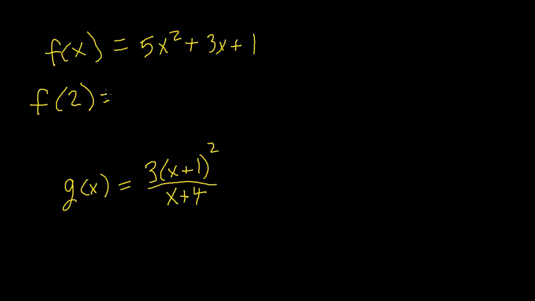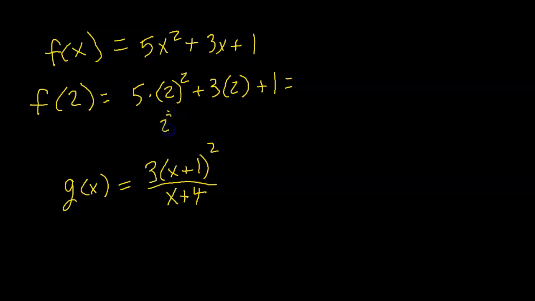So to calculate f of 2, we're going to calculate 5 times x squared becomes 2 squared, plus 3x becomes 3 times 2, plus 1. Okay? Now let's remember our order of operations and go through this one at a time. 5 times 2 squared.